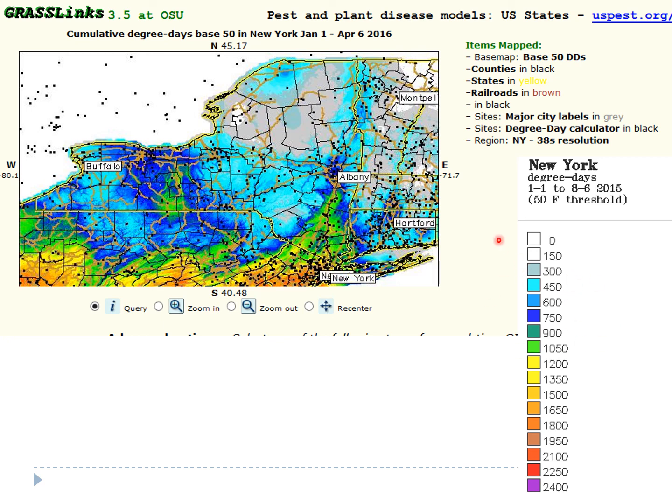And some years you'll pull this up and it'll be 10. But you can see that other parts of the state are warmer and colder, which you probably already knew. So the Adirondacks is colder. You can see they haven't really registered anything yet in this gray color, and white is between 0 and 150. And warmer areas, the Finger Lakes, Ithaca, Hudson Valley, in the green, they're already up at 10,500.